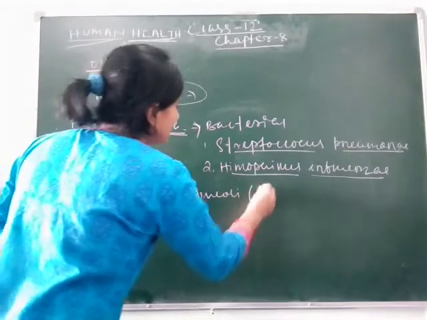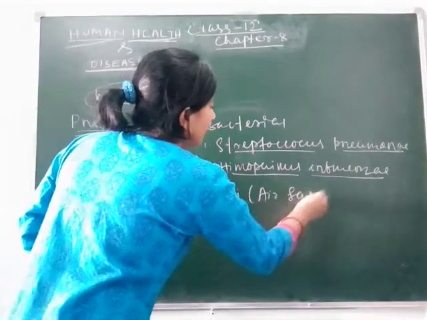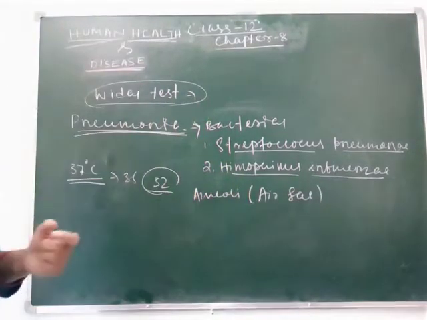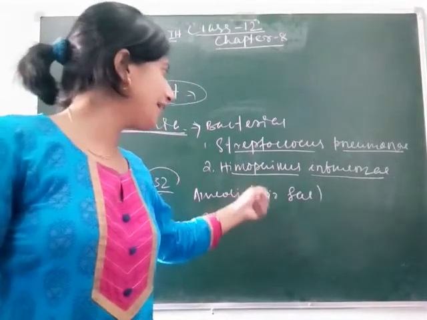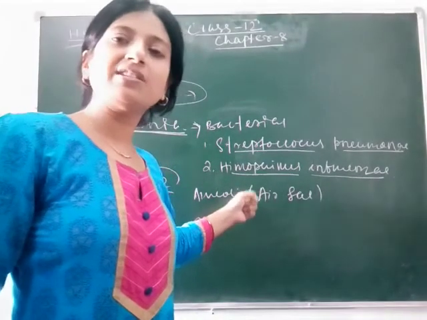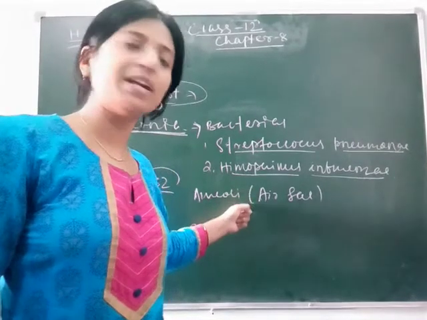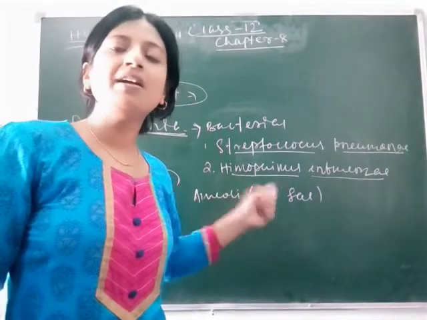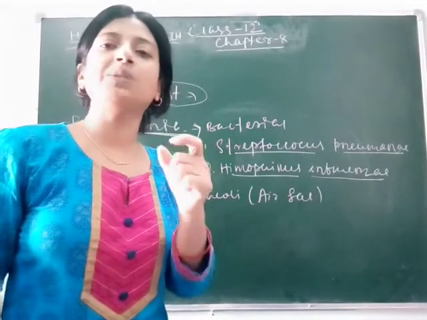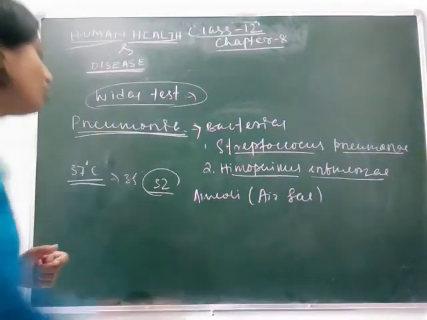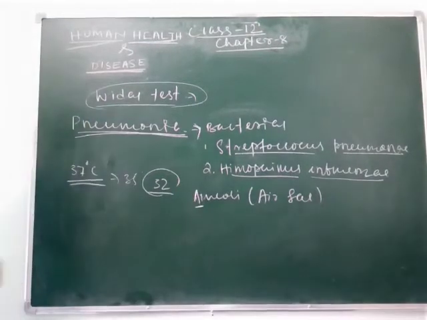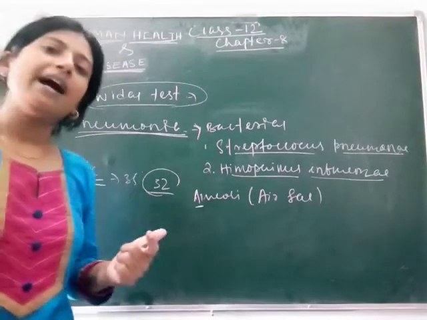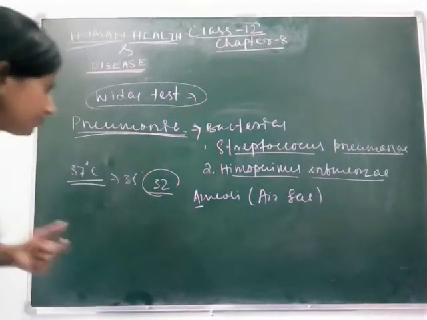When we inhale or take in oxygen, that oxygen goes to the air sacs. But when a person is suffering from pneumonia, the air sacs are filled with liquid, due to which there is not enough space to contain oxygen. So the patient suffers from nasal congestion and breathing problems.